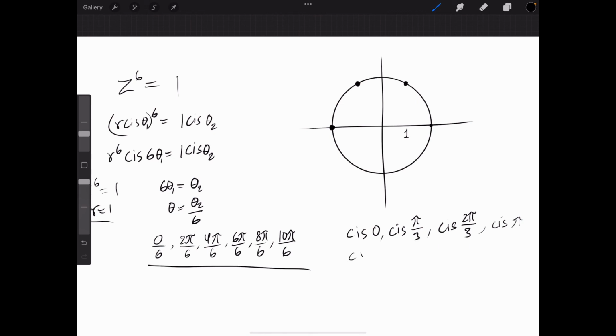Then cis of 8 pi over 6, which is 4 pi over 3, is right there. And then finally, cis of 10 pi over 6, which is 5 pi over 3. And that is right here. Voila! All of our solutions on the complex number plane, each one rotated by a specific angle.